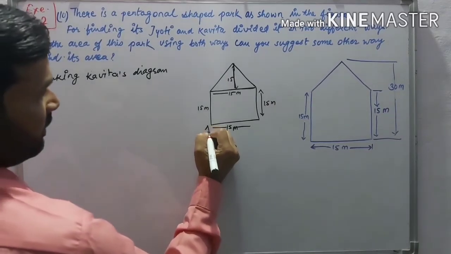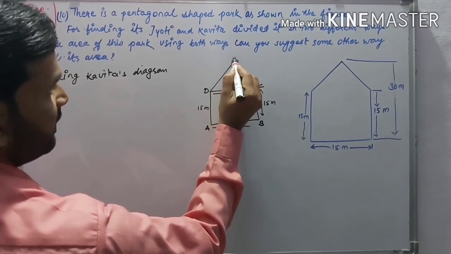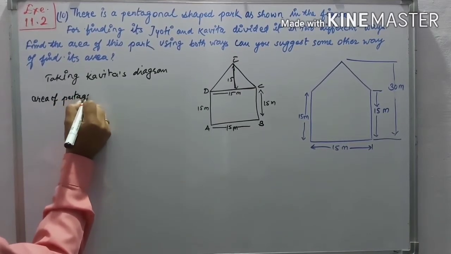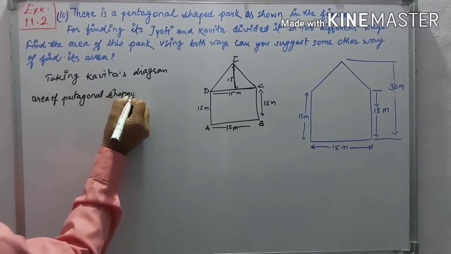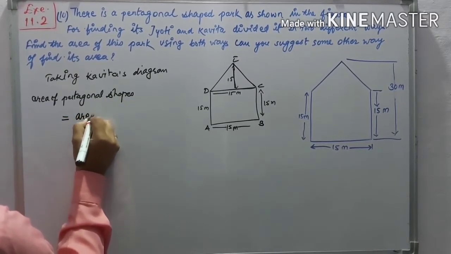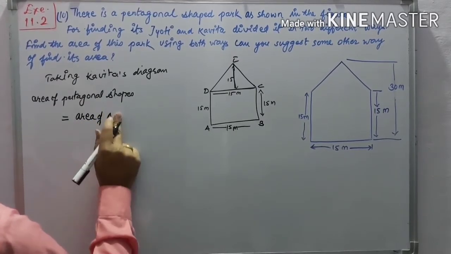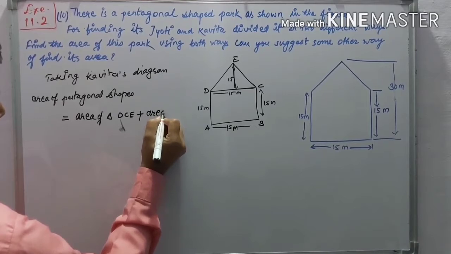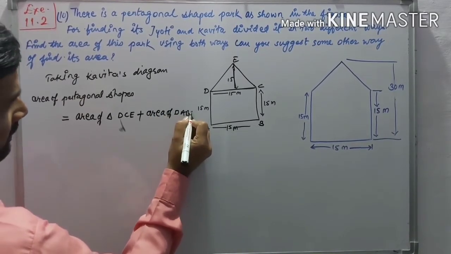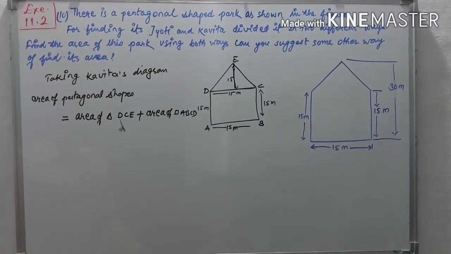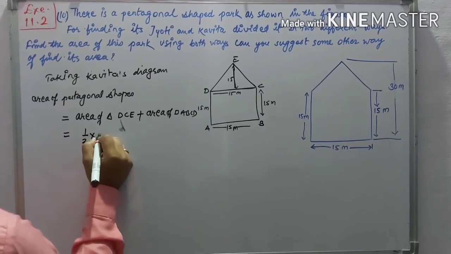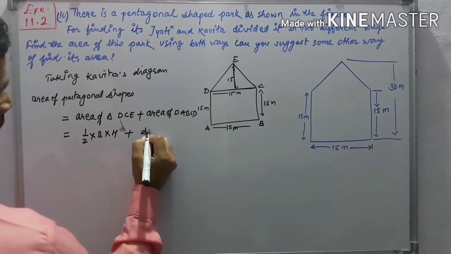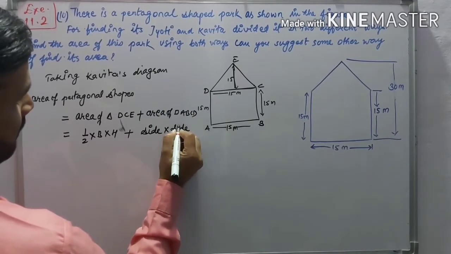Now you write A, B, C and D, upper E. The area of the pentagon shape is equal to the area of triangle DCE plus the area of quadrilateral ABCD, which is the square ABCD. Now the area of the triangle is 1/2 base into height, plus the square, meaning side into side.